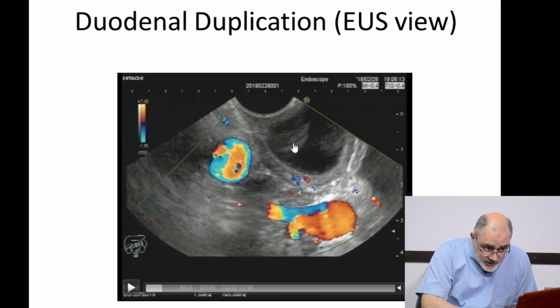Here, this duplication cyst is located in the submucosa. It is anechoic with posterior enhancement and no color flow signal whatsoever. This color flow signal is outside the duplication cyst, but the cyst is totally anechoic.